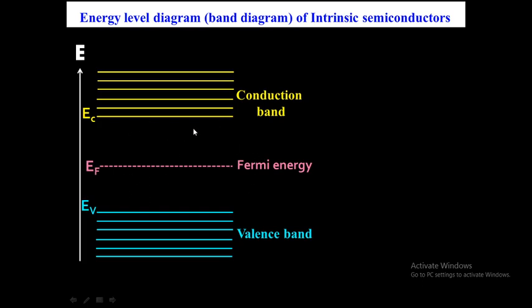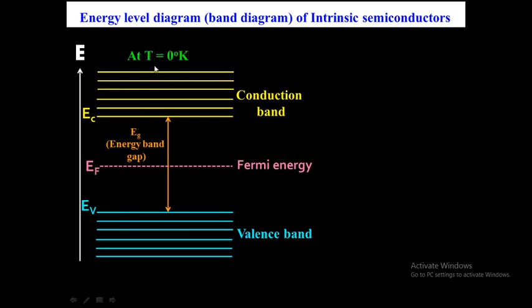The bottom of the conduction band, that is EC, and the top of the valence band, that is EV, are separated by a gap. That gap is known as the energy band gap. It means that the valence band and conduction band are separated by a particular gap, and that gap is called the forbidden energy band gap.